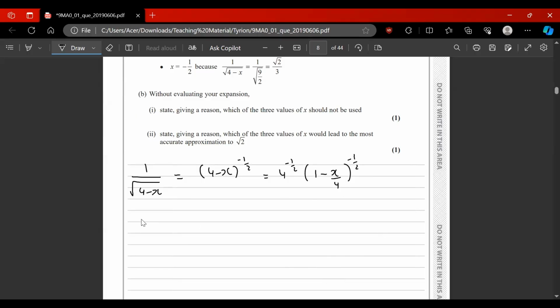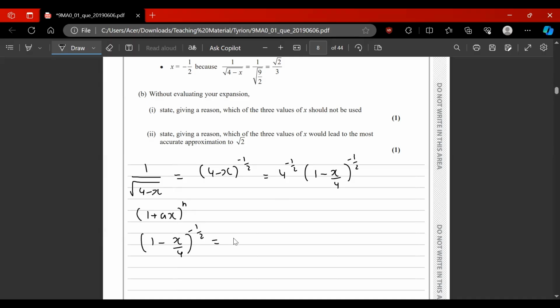So this here is of the form 1 plus ax to the power n, right? And we know the expansion for this particular binomial term. So therefore, we can apply that to 1 minus x over 4 to the power minus half, right?